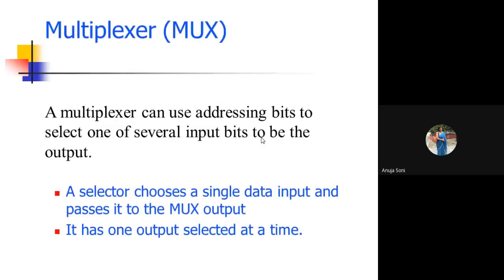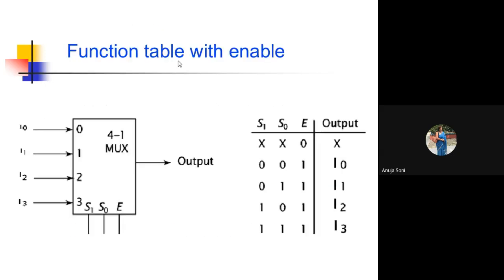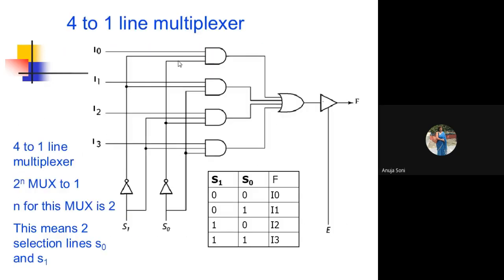What is the multiplexer saying? A multiplexer is again one example of a combinational circuit. A multiplexer can use addressing bits to select one of several input bits to be the output. What is the size of the multiplexer? If its size is 2 raised to power n, always and always one line is selected out of the given input lines.